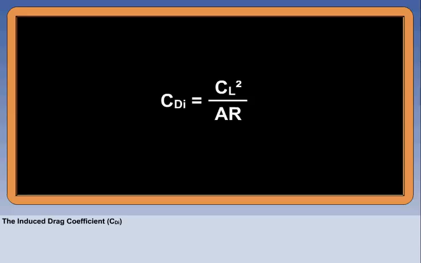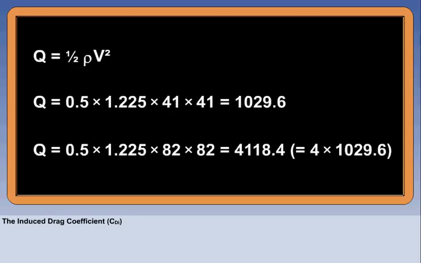To maintain a constant lift force, as speed increases, CL must be reduced. Thus, with an increase in speed, CDI actually decreases. We can work through an example which illustrates the change in CDI with speed, which leads to the change in DI.